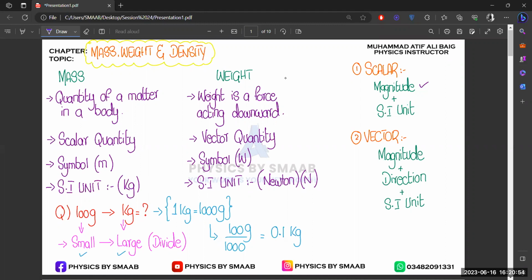Let's talk about a formula that is related to mass and weight, and that formula is W = mg. So you know that W is the weight, right? W represents the weight of a body, M represents the mass of a body, and what is small g?